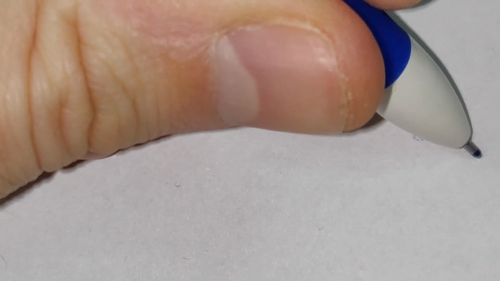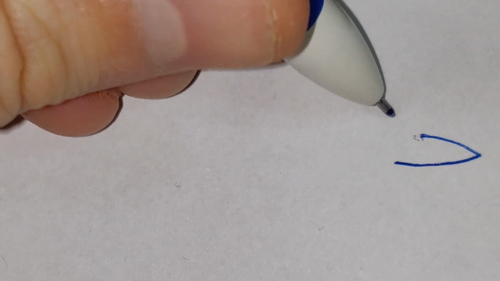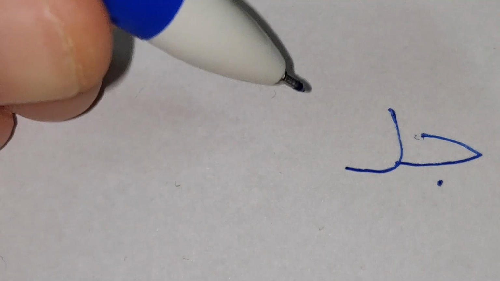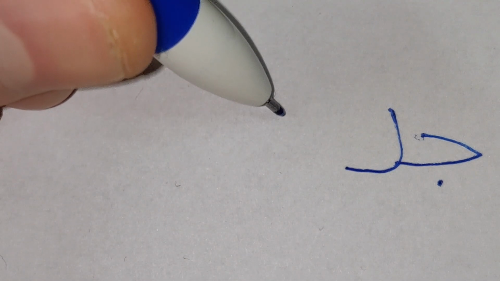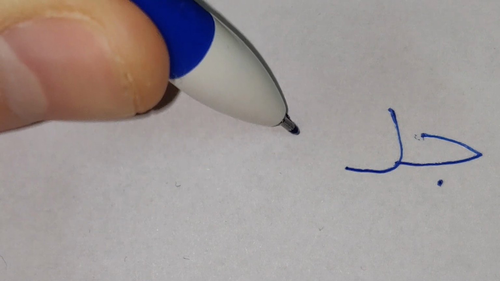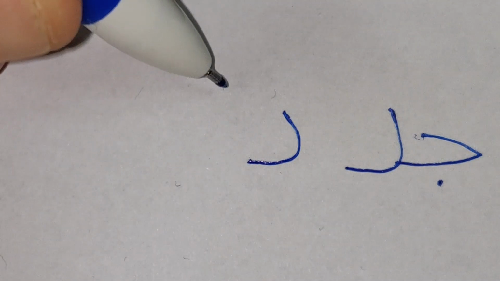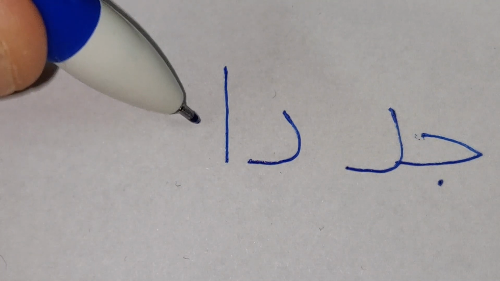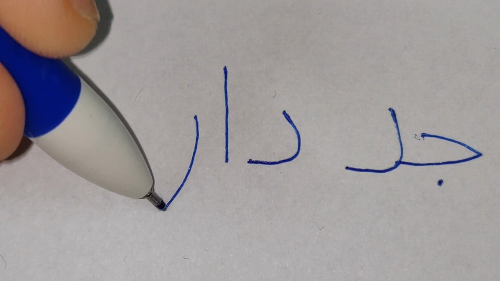Here are some examples. If you write jim and dal, you get the word seriousness. It's pronounced jad. The word for house is dar, and it's dal, alif, ra.